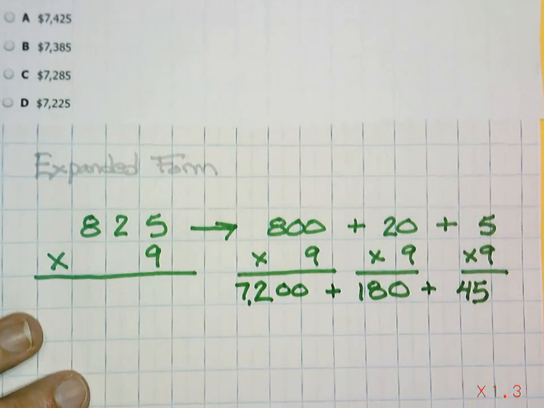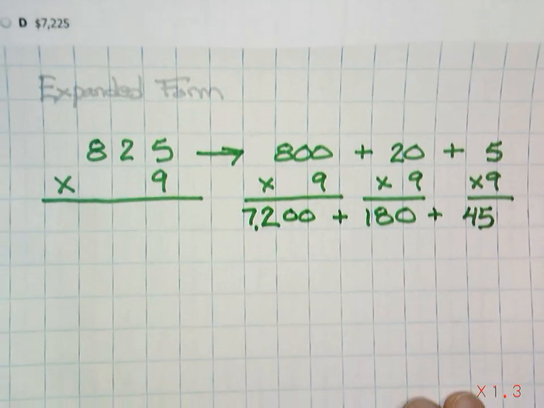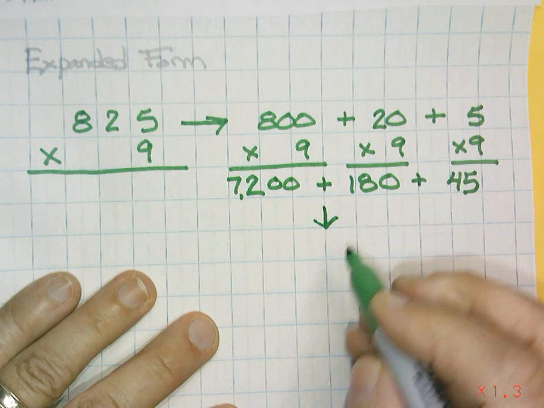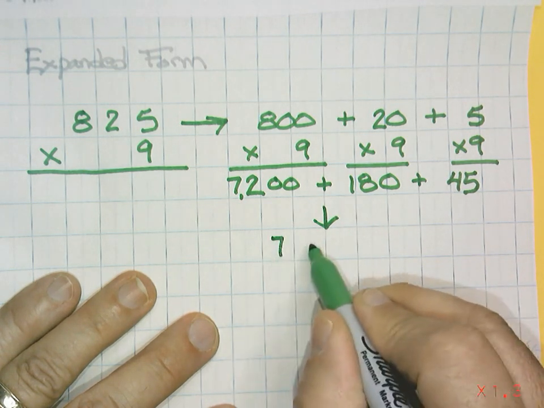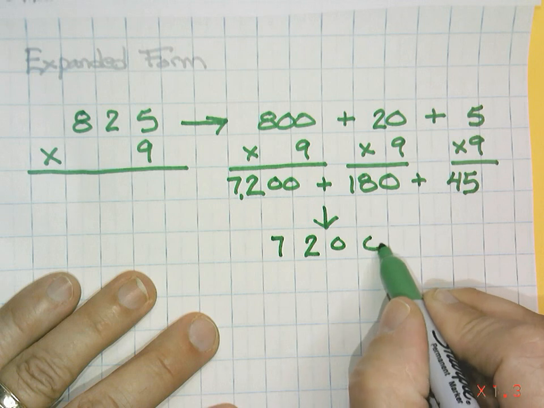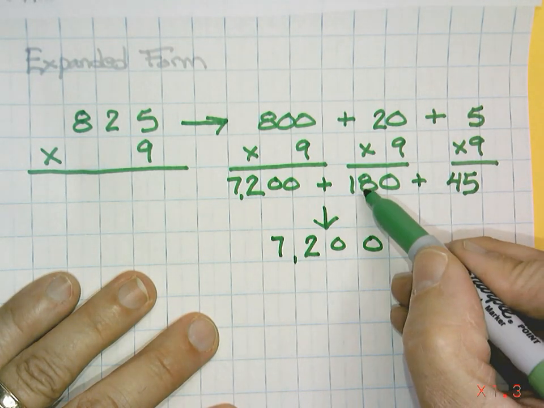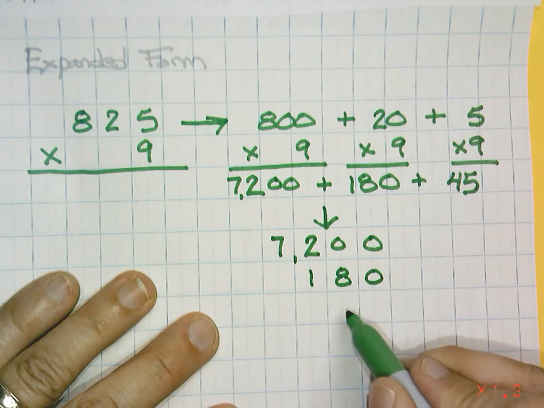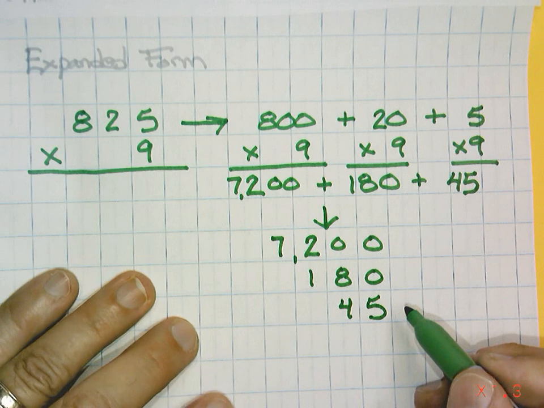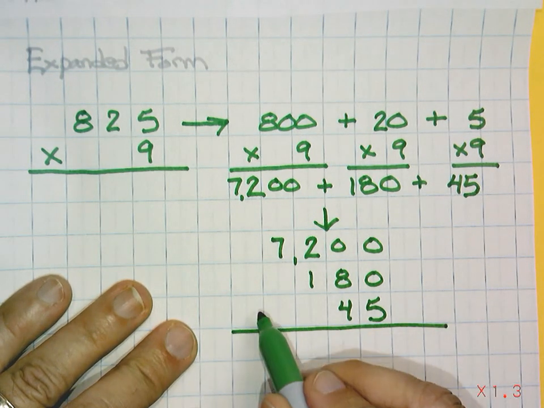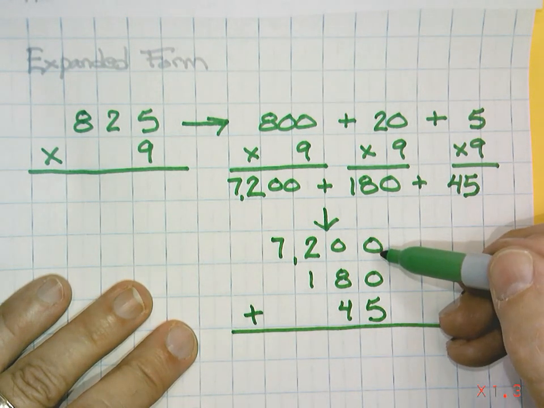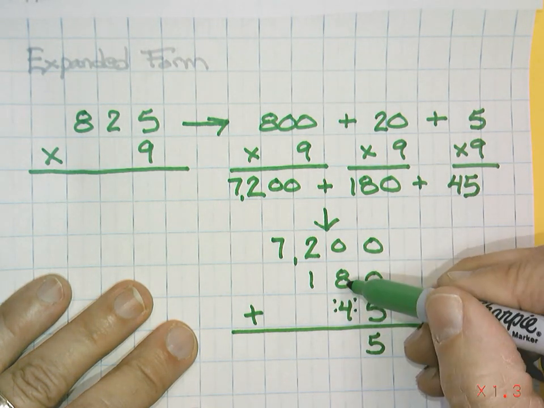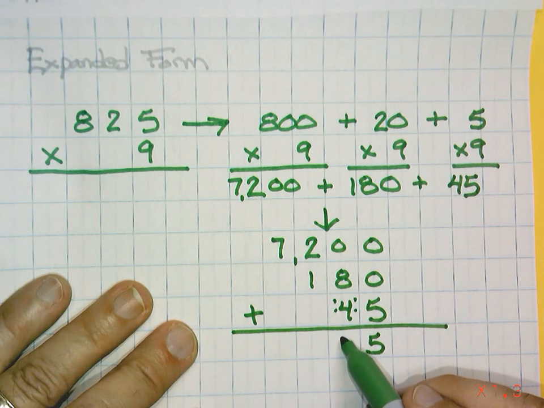Now we want to add. If I can scooch this up a little bit. We have 7200, and then 180, and our 45. Now we're going to add our ones. We add our tens: 8, 9, 10, 11, 12.